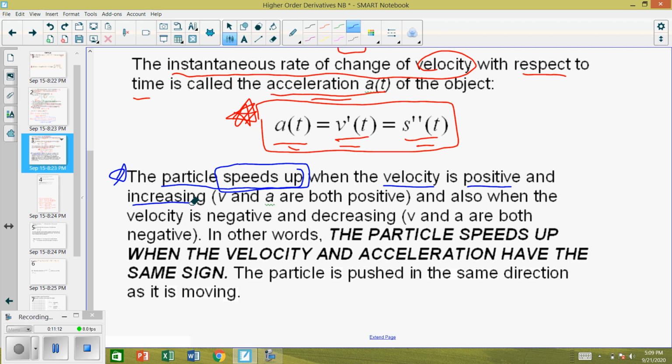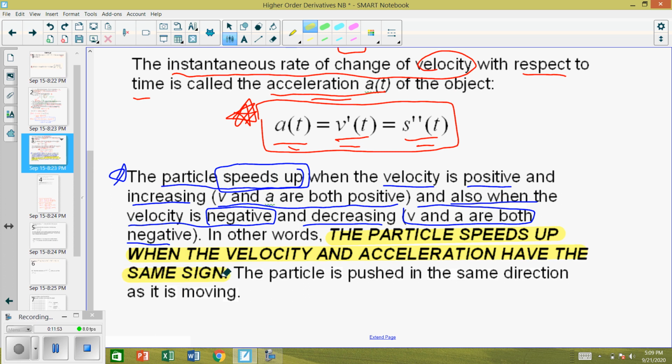And if the acceleration is positive, that means we're increasing. So we're speeding up in the same direction. Another way of saying that is v and a are both positive. Now, here's the hard part to grasp. Also when the velocity is negative and decreasing. So when v and a are both negative. In other words, the particle speeds up when the velocity and acceleration have the same sign.